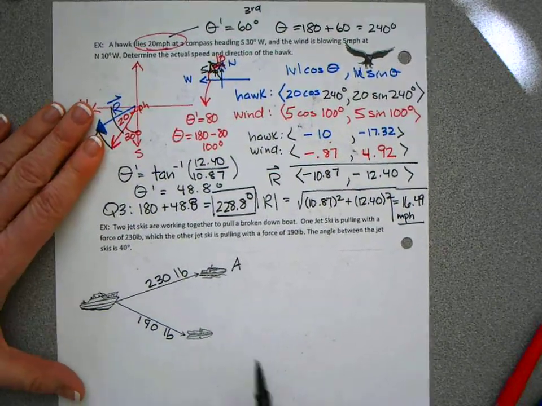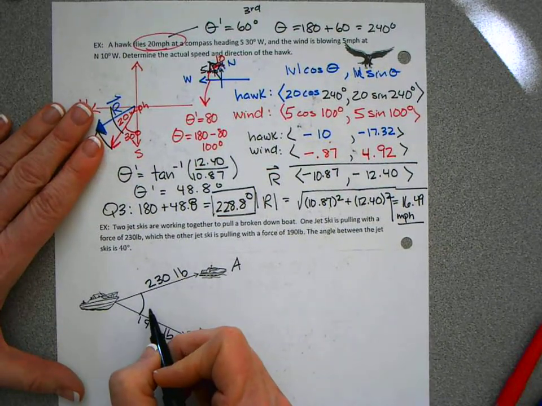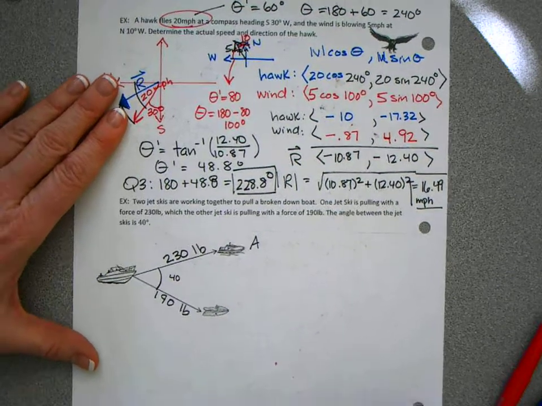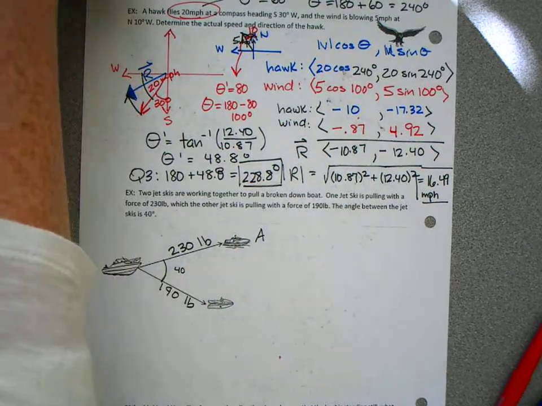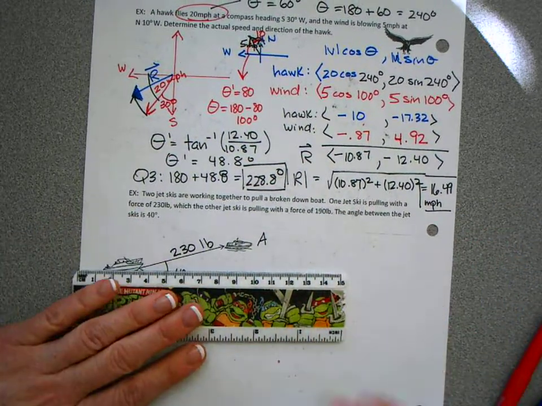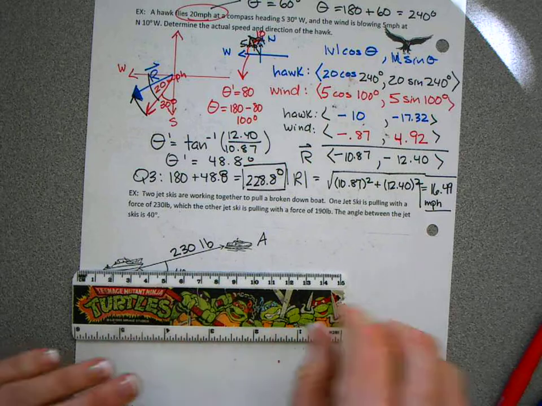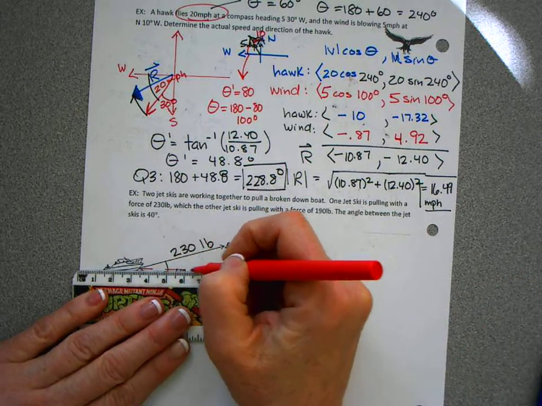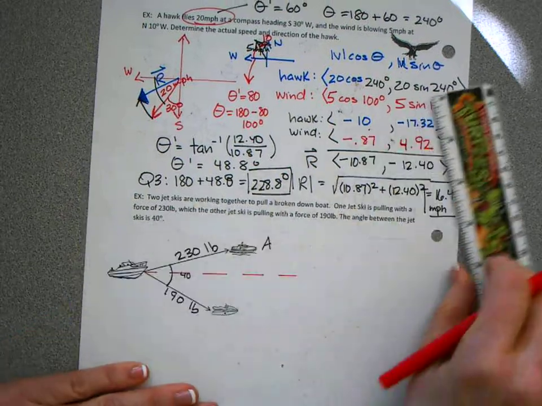The angle between the jet skis, this angle is 40 degrees. What we do when we have this situation is we draw as if the boat was heading directly east. We don't really know this, but pulling on this jet ski, so let's just divide it in half.